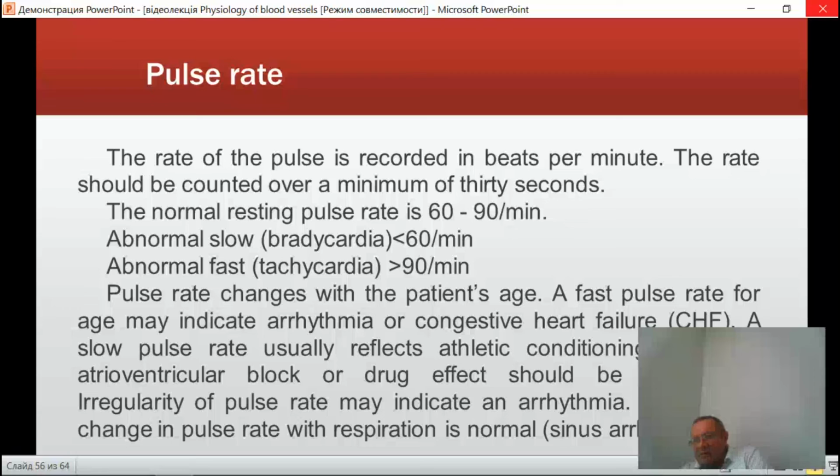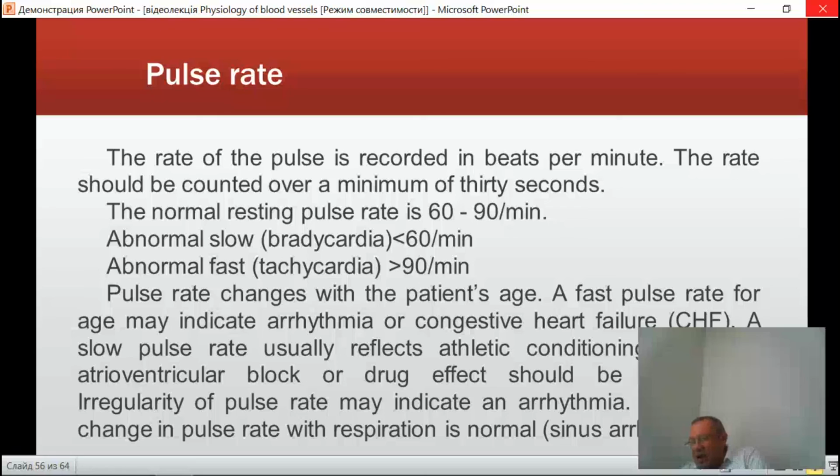Pulse rate changes with the patient's age. A fast pulse rate for age may indicate arrhythmia or congestive heart failure. A slow pulse rate usually reflects athletic conditioning.